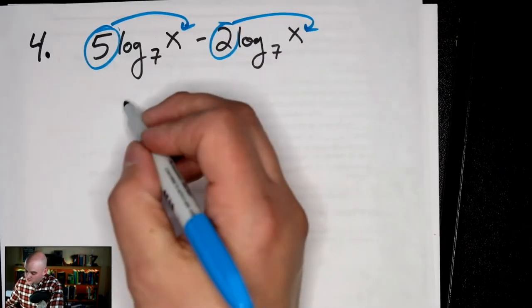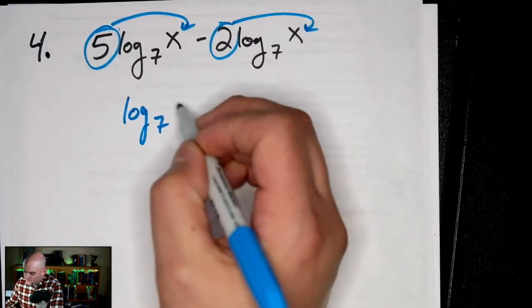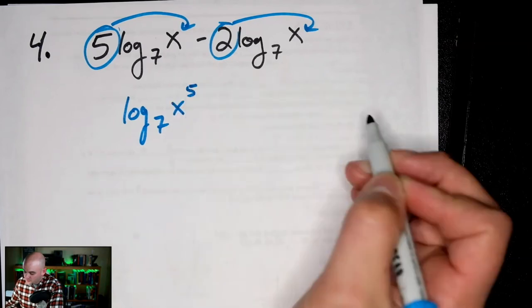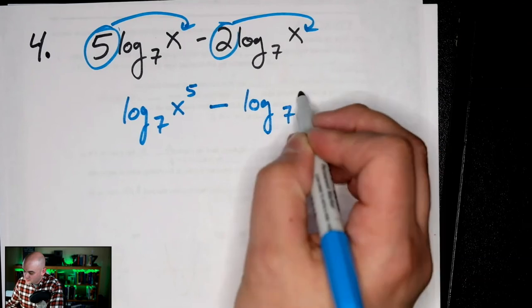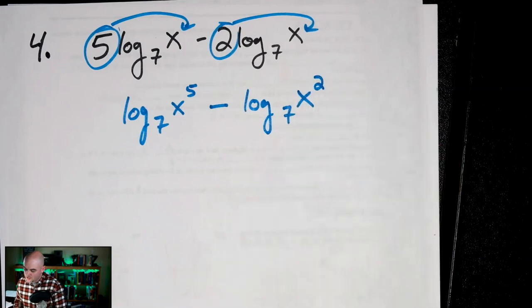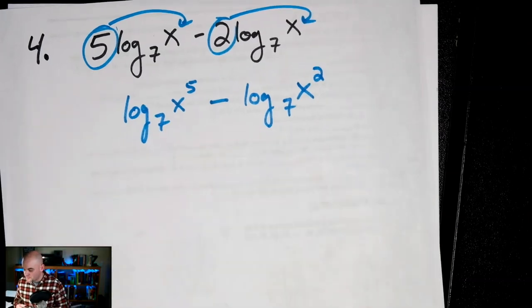So this becomes log base 7 of x raised to the 5th power minus log base 7 of x raised to the 2nd power. And now because that minus sign is in between there, and they are logarithms of the same base, I can combine the two logs.